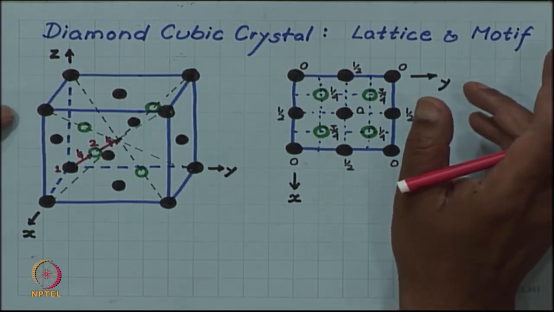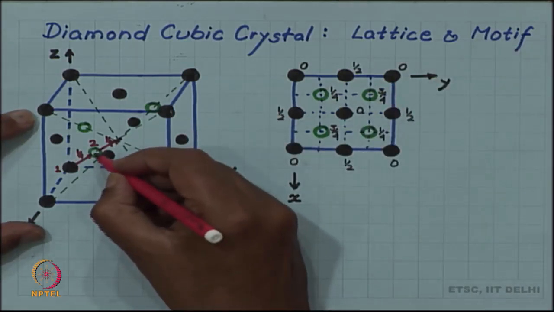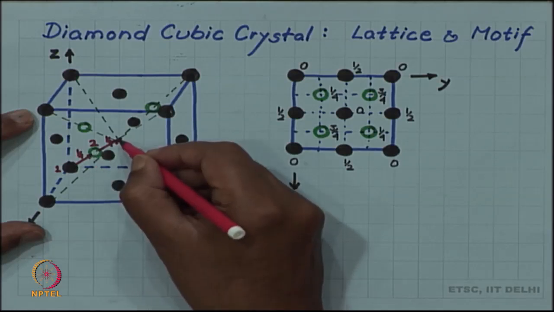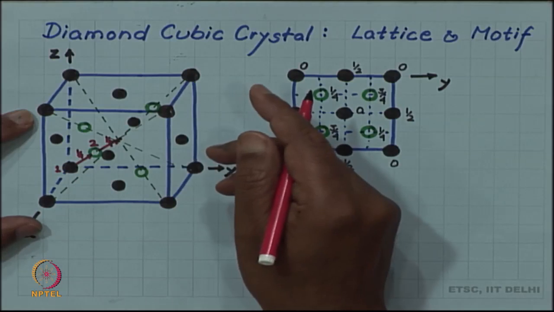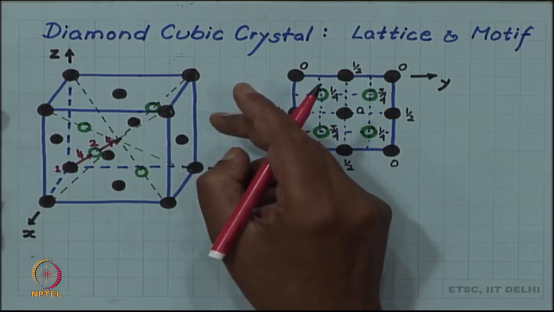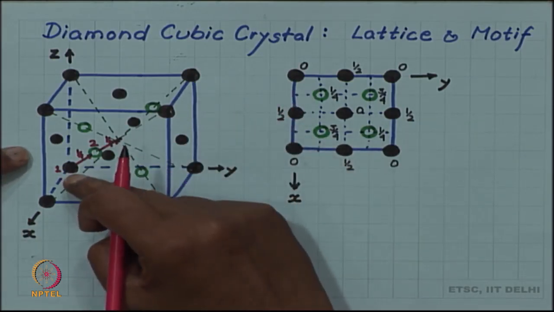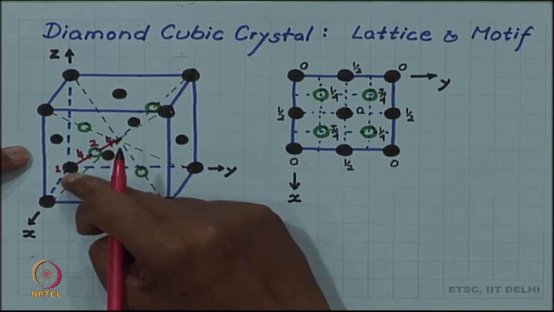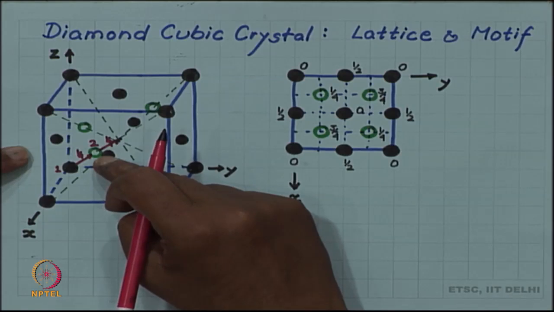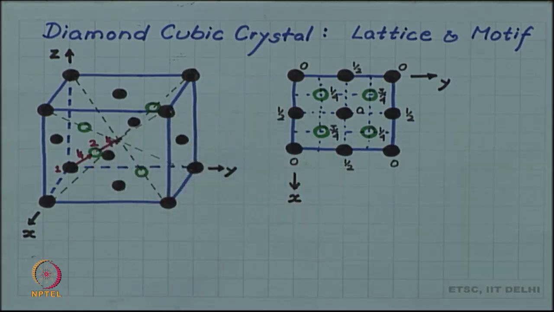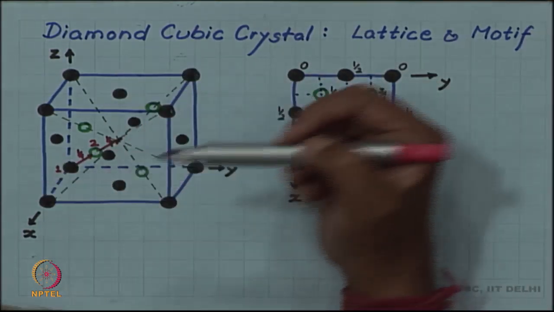But please note that we have not placed any atom at the center of the cube. Which means the green atom does not have a neighbor in the same direction at the same location as the black atom, which clearly shows that if 1 is considered a lattice point, 2 cannot be considered a lattice point. So, what we have to do is associate 2 to the lattice point.